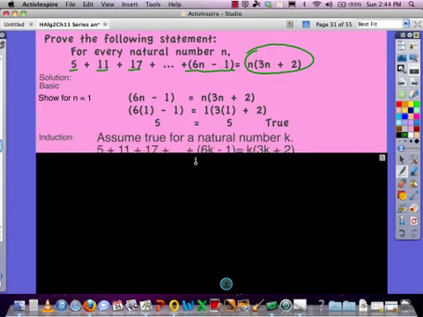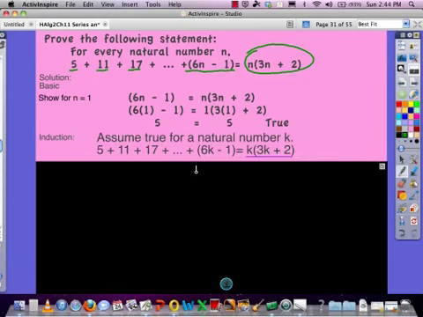And so now we have to go with the induction process. So now we have to assume it's true for all natural numbers k. So if you notice, from that original line up top down to this line, the only difference is that instead of an n, you now have a k.